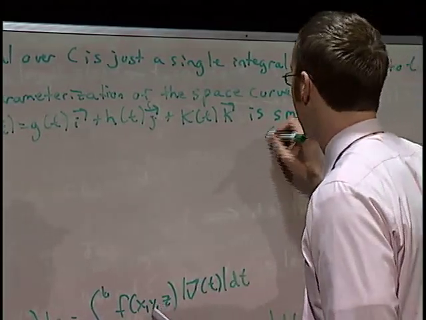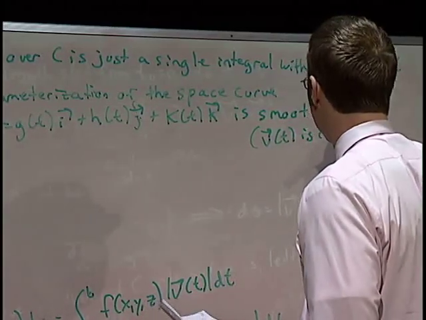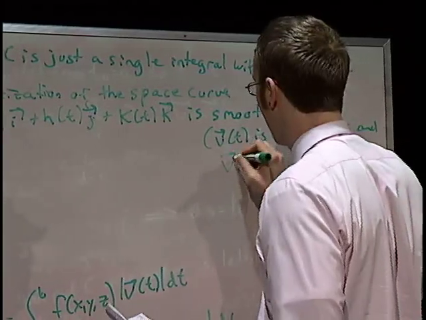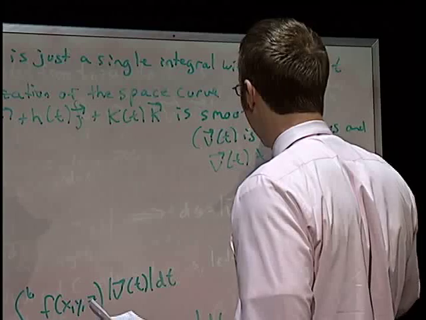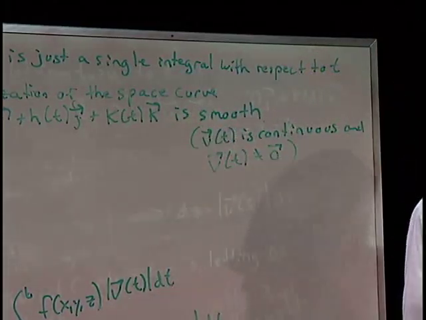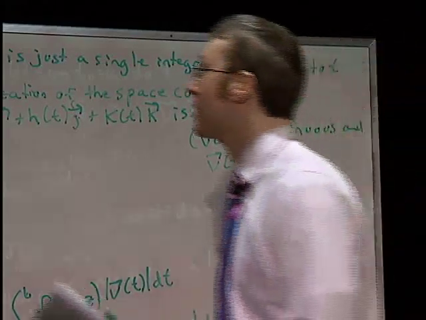And that meant that the derivative was continuous and never zero, right?